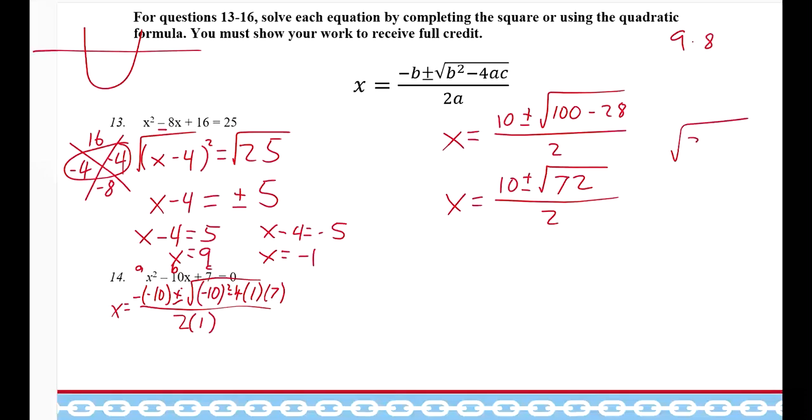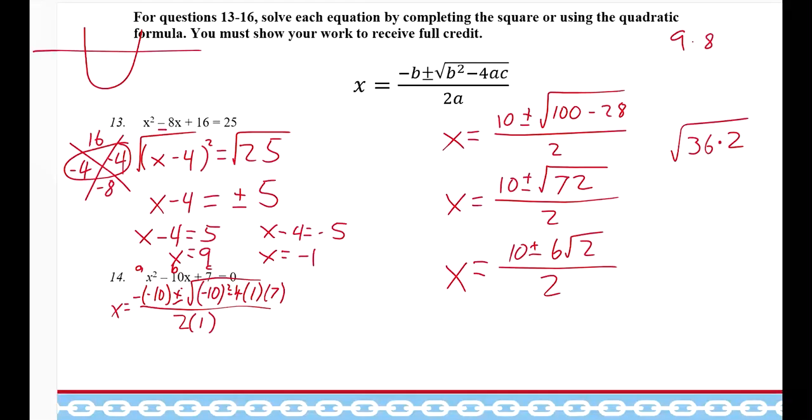But 8 also contains a perfect square. The largest perfect square that is a factor of 72 is 36, right? So 36 times 2 is the same as 72. So when I factor that, I want to use that 36 times 2. So I get 10 plus or minus square root of 36 is 6.